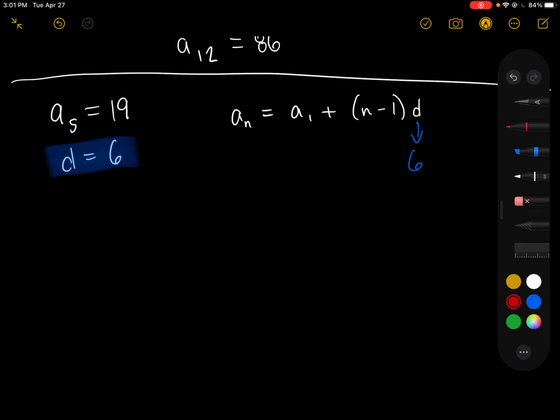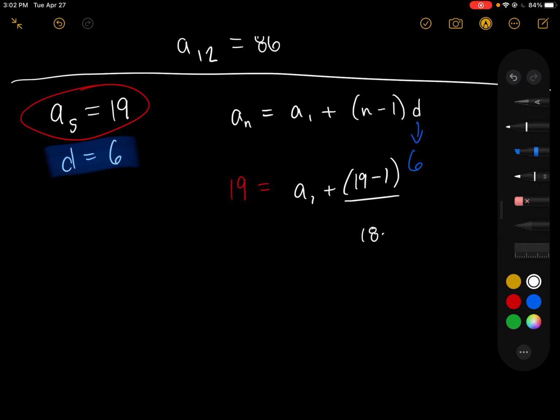So always, always, always go through and use what they give you. In this case, they give us d, so let's plug that in right here. And secondly, we also know the 5th term. So 19 is our 5th term. So we just plug in, wherever we see the n, we plug in the 19.